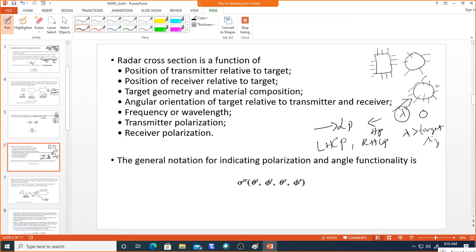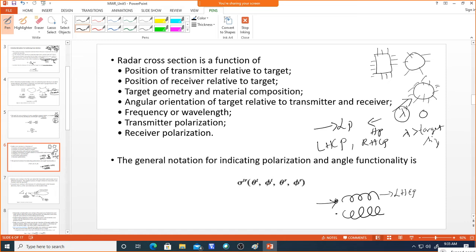Left hand circular polarization is defined with respect to the observer or receiver, depending on the direction in which you observe the propagating wave. Say, for example, if the observer is here, the wave is traveling like this, and if the wave is traveling in the opposite direction, then depending upon the observer direction, we decide whether it is left hand or right hand circular polarization.